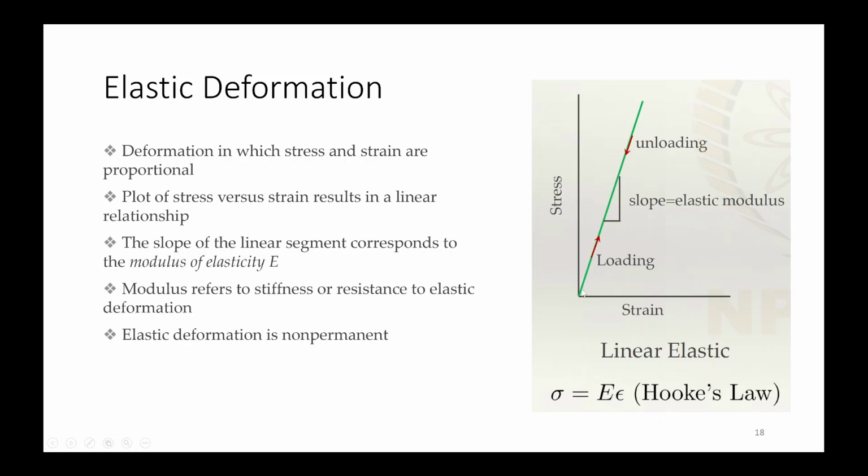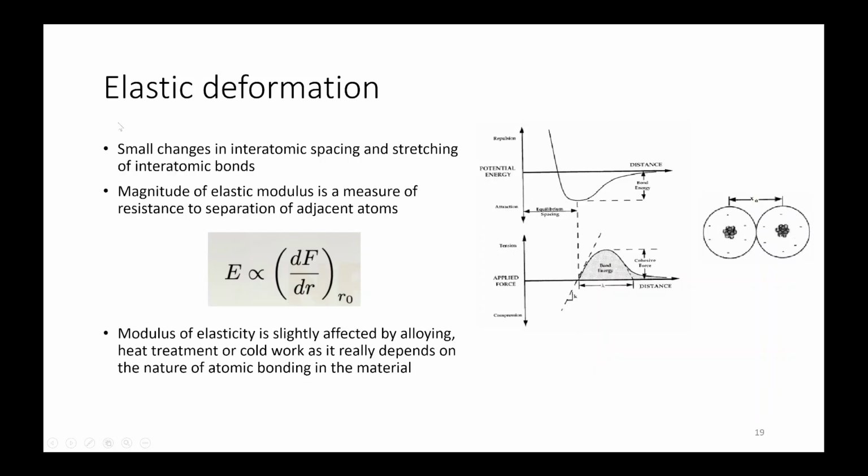It will regain its original size. In case of elastic deformation, even small changes in interatomic spacing and stretching of interatomic bonds take place, and the magnitude of the elastic modulus is a measure of resistance to separation of the adjacent atoms.